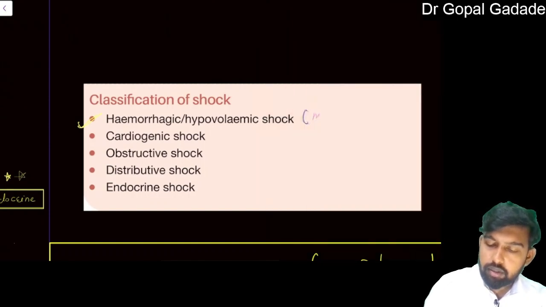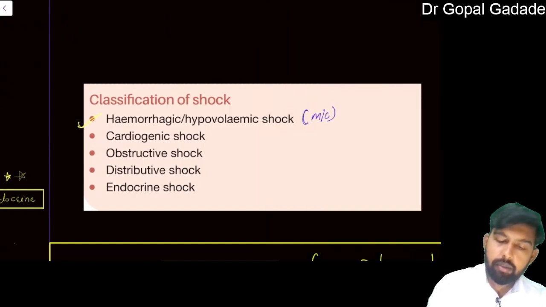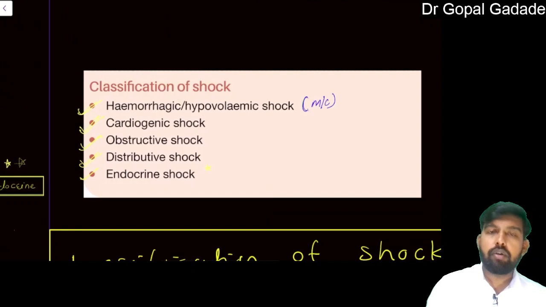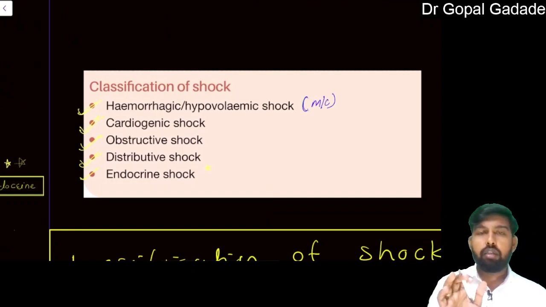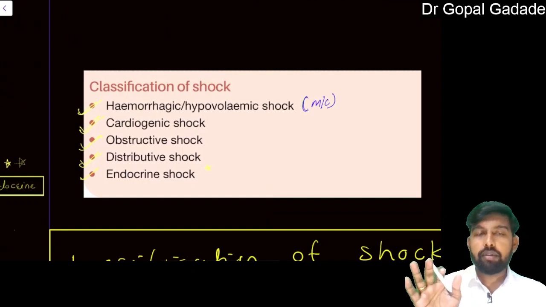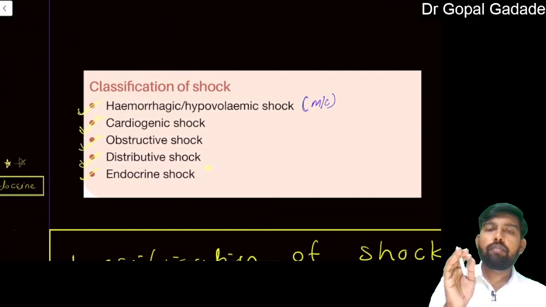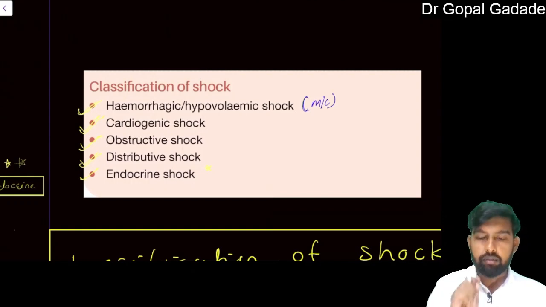Next is cardiogenic shock. Another is obstructive shock. The fourth one is distributive shock, and the last one is endocrine shock. So let's see one by one the basic pathology, the examples of the different types of shock, and how we should differentiate these shocks.